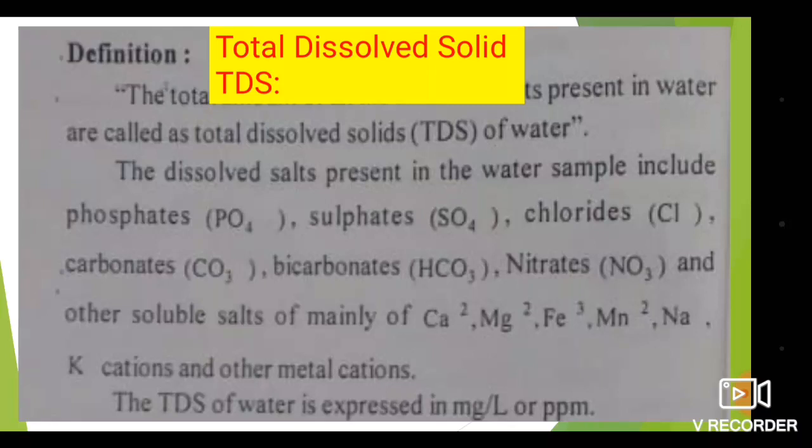The dissolved salts present in the water sample include phosphate PO4, sulfate SO4, chlorides Cl-, carbonates CO3-, bicarbonate HCO3-, nitrates NO3-, and other soluble salts, mainly Ca+2, Mg+2, Fe+3, Mn+2, Na+, and K+ cations and other metal ions. The TDS of water is expressed in milligrams per liter or parts per million.